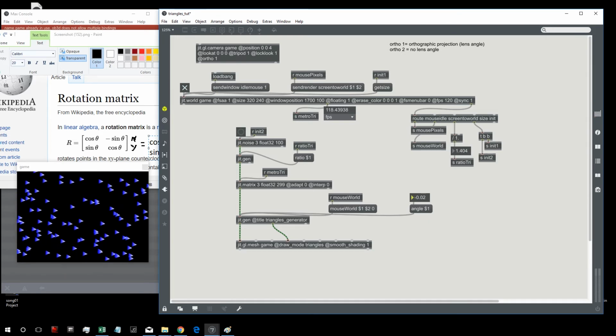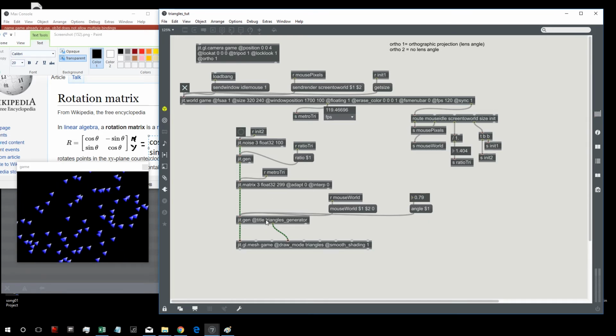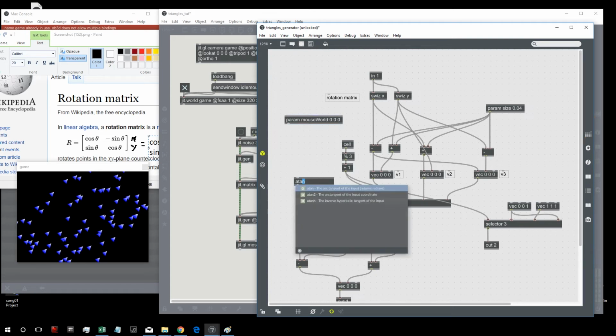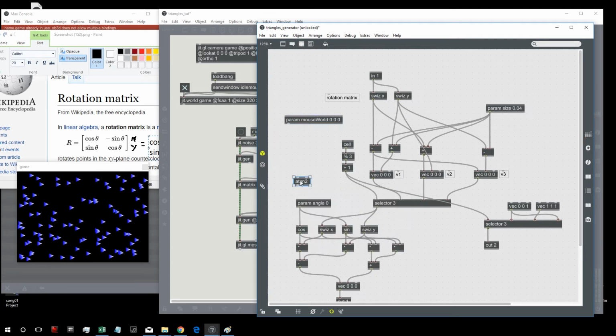Kind of cool. But instead of using an arbitrary angle, we want to use the angle between our mouse position and every one of these particles. To get this angle, we can use the atan2 function that I was talking about before. The atan2 function, as I said briefly before, gives us the angle between a point and the x-axis.